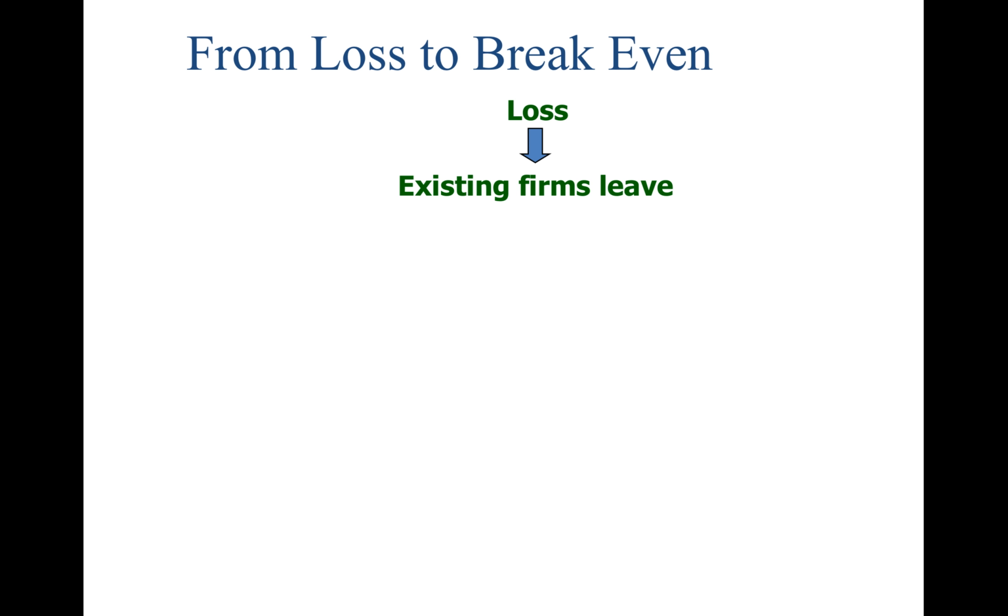Since firms are making losses in the short run, existing firms will leave the industry in the long run. As firms leave the industry, the market supply will decrease, and this will cause the market equilibrium price to increase.